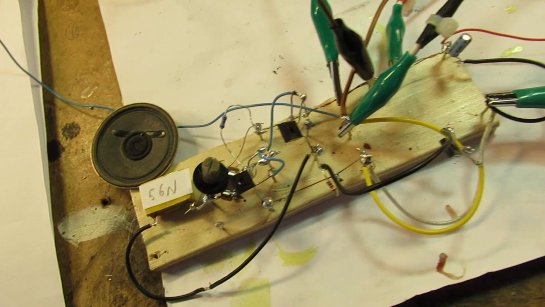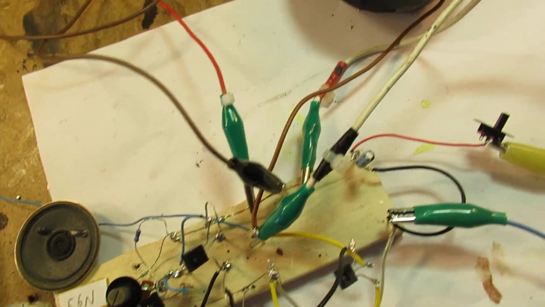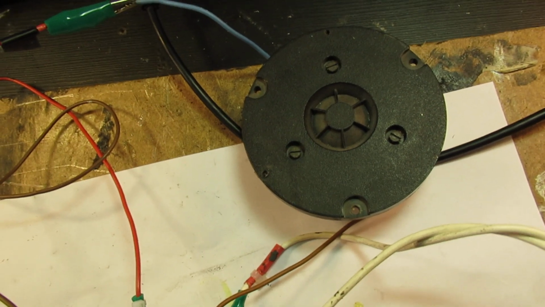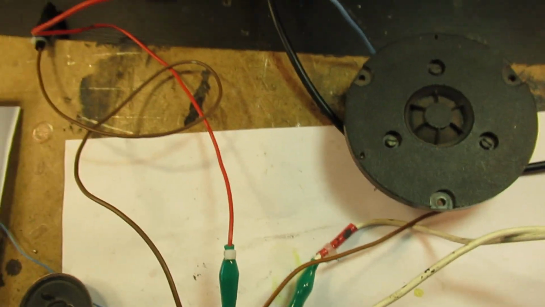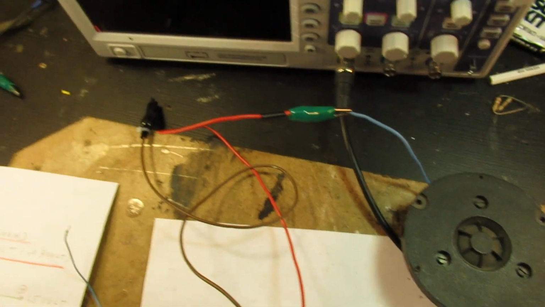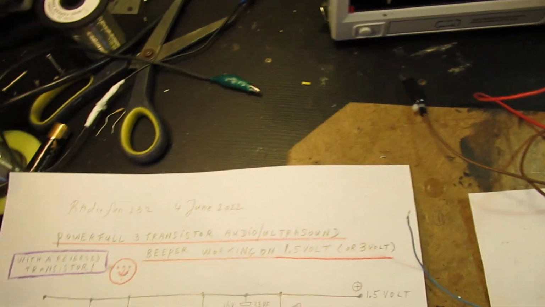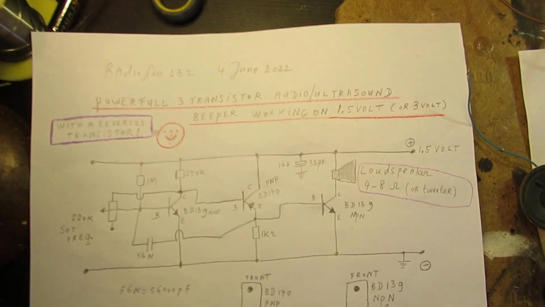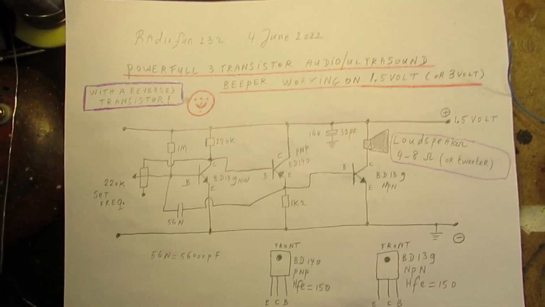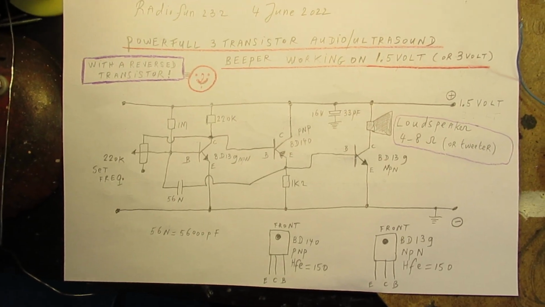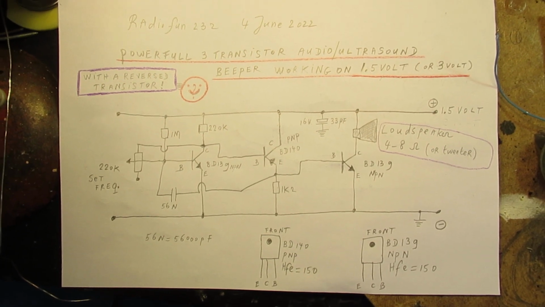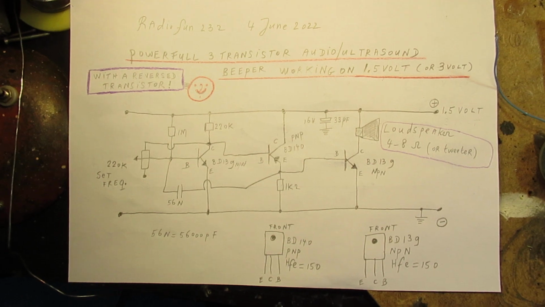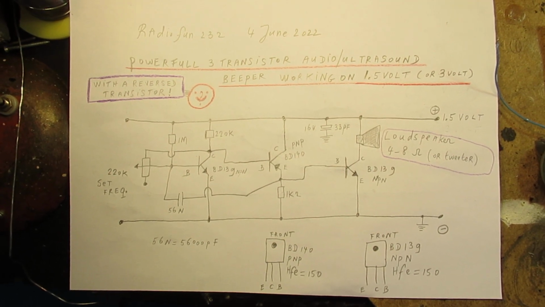Like I told, I did more experiments and found something very peculiar. I want to show it. So that's the first thing, because I found that a reverse transistor can work. And of course I know that there are many articles in electronic magazines where this issue is extensively discussed.